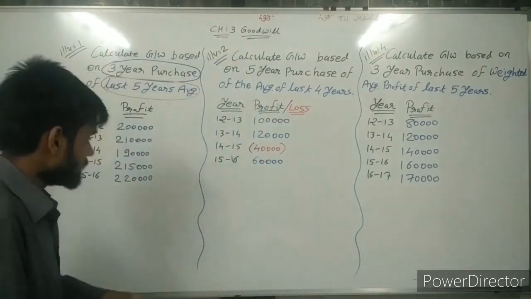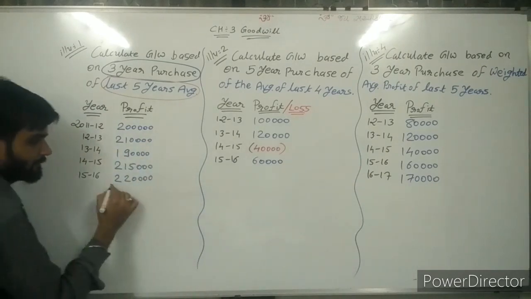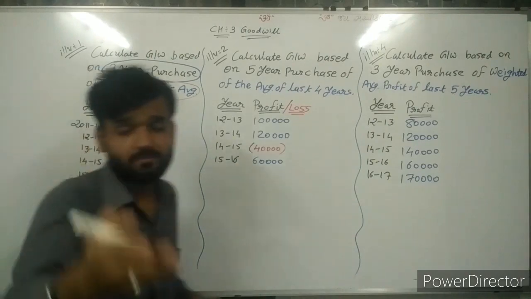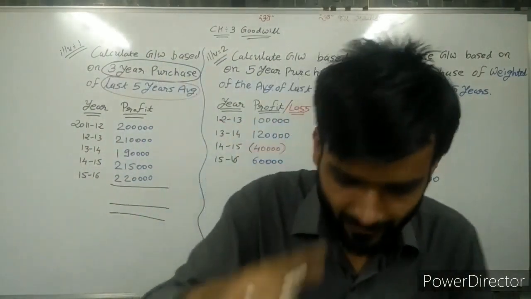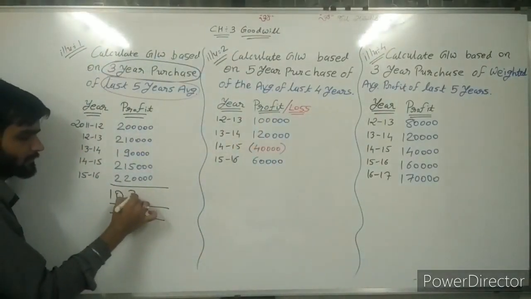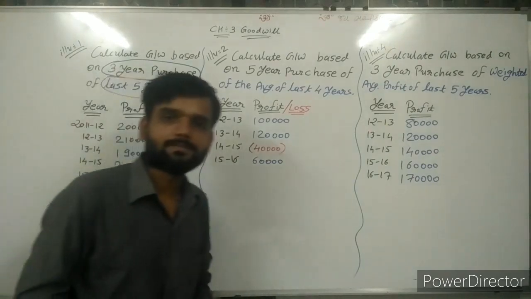If you make the total of these 5 profits, then in the calculator please make the total and tell me. I don't have a calculator, you calculate and tell me. Your calculator answer must be 10,35,000 rupees.